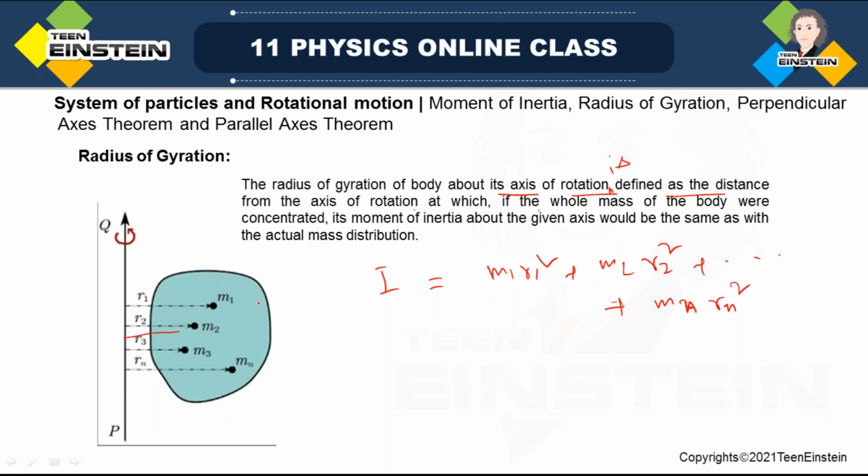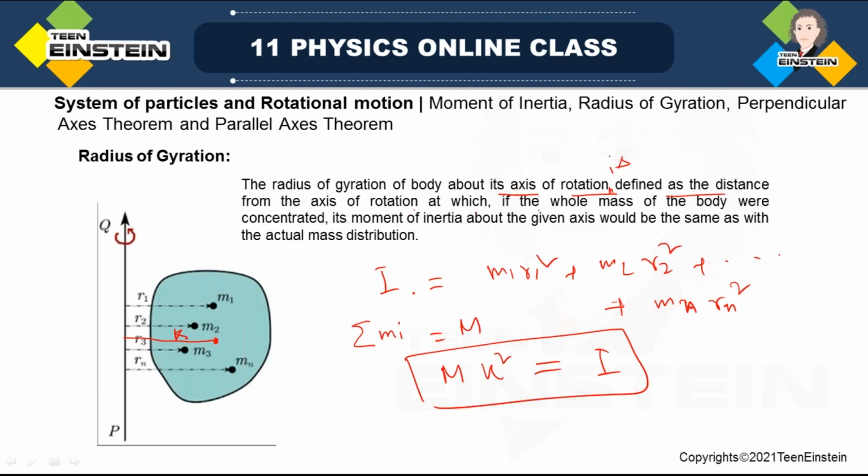If I take a point at distance k from the axis, and the whole mass, the summation of m, capital M, is concentrated at this point, then the moment of inertia will be the same as you get here. So M k square will be the moment of inertia of the object, and this is equal to this. So this is the definition.